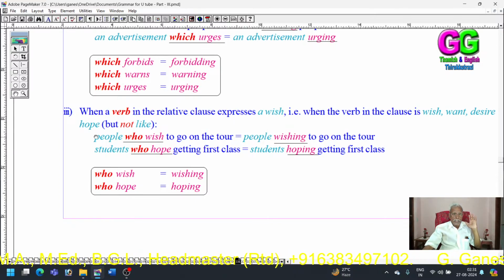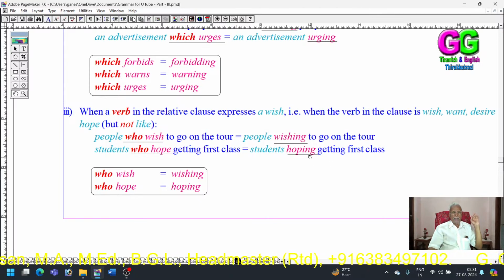When these verbs are used to express a wish, that relative clause can be replaced by a present participle. Let us say, people who wish to go on the tour: people wishing to go on the tour. Who wish, wishing. Students who hope to get first class: students hoping to get first class. Who hope, hoping.